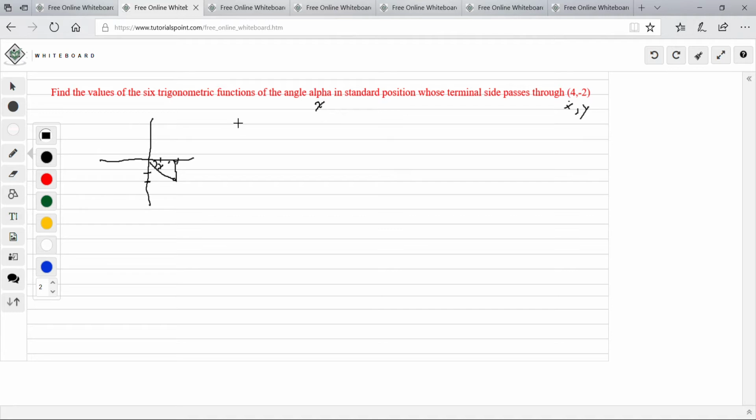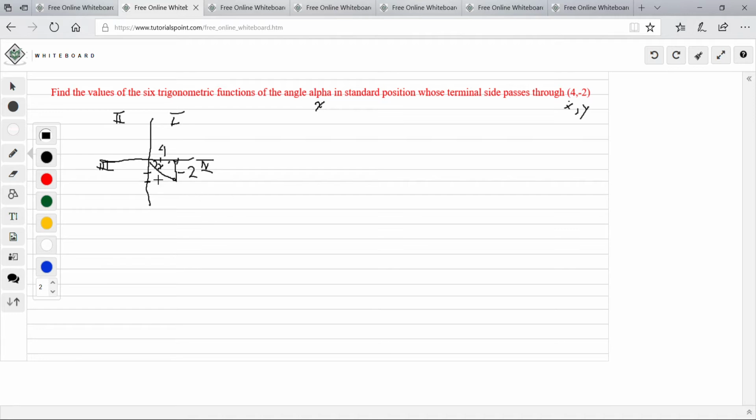What quadrant are we in? We are in quadrant 4. This is 1, 2, 3, and this is 4. Here's alpha. The x value is 4, and our y value is -2, because sine is always negative in quadrant 4.